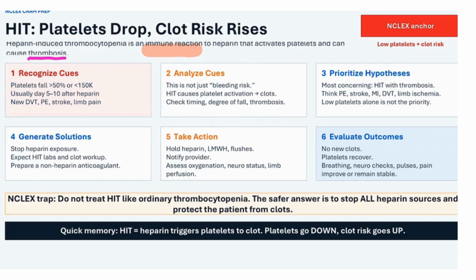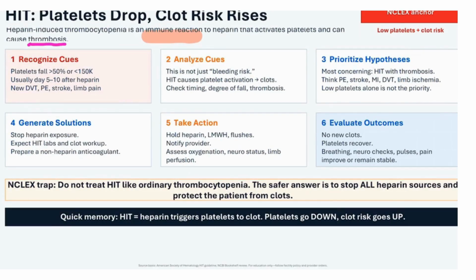So let's look at the first section, which is recognizing the cues. So remember, the only time we will consider that as HIT is that the patient is receiving heparin. So the first thing you really need to look for in the question is a patient receiving heparin who develops a significant drop in their platelet count, especially a decrease of at least 50% or more from baseline.